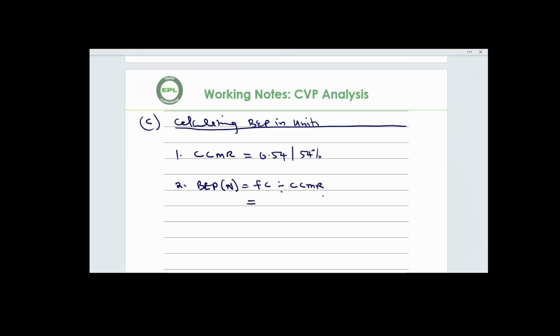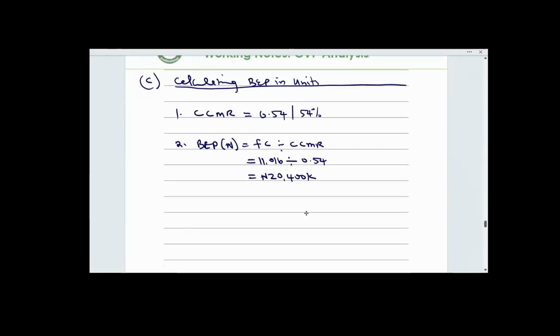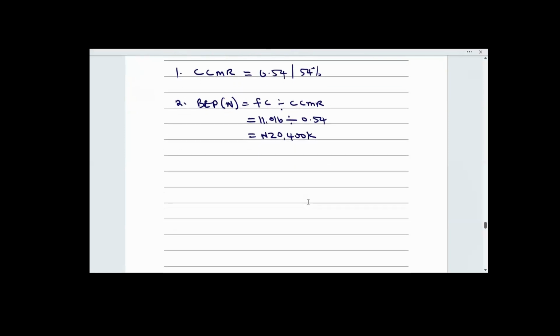The fixed cost in the question is 11,016, that's our revised fixed cost, divided by 0.54. So what do you have here? 11,016 divided by 0.54 gives 20,400,000. That's the revised break-even points in Naira.